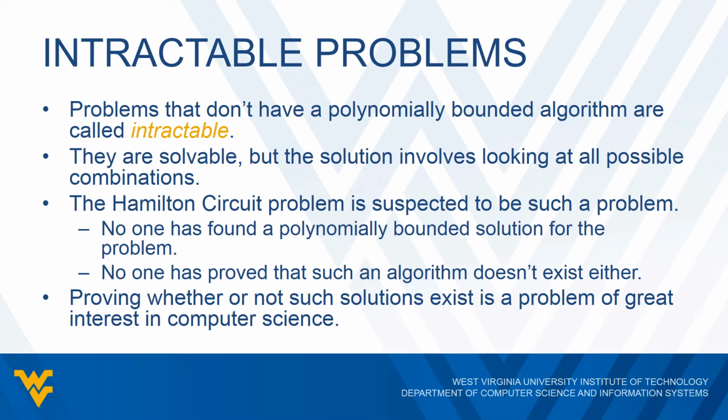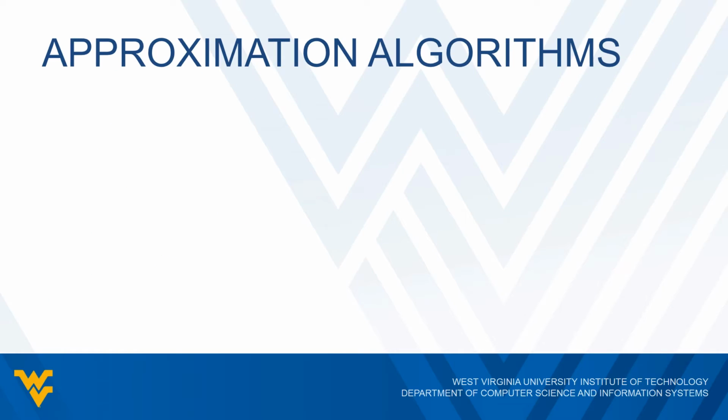There's a whole class of problems that we suspect are intractable, where right now it seems like the only solutions involve looking at all possible combinations, but there has not been any formal proof showing whether more efficient algorithms exist or whether there just is no efficient solution for these types of problems.